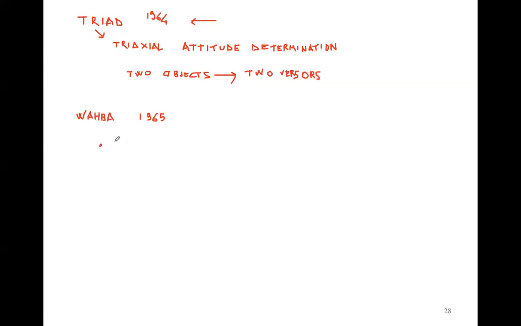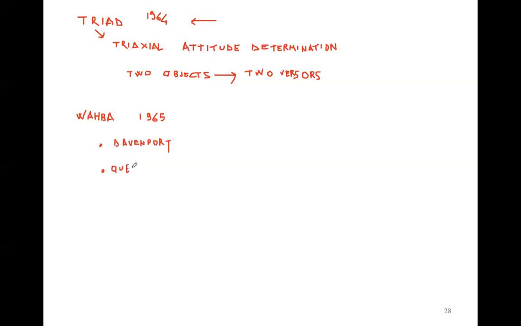For example, I think the first one was Davenport, done just after this problem was posed. But the one that we are going to use, and we have also a small demonstration, is the QUEST algorithm. So what we are going to see to solve the Wahba problem is called the QUEST algorithm.